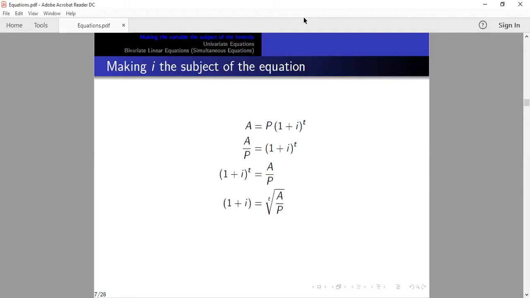Now, because T is the furthest from I compared to 1, we find the tth root, and the tth root is like that. And then 1 is the one that remains. And then the solution for I becomes like that.